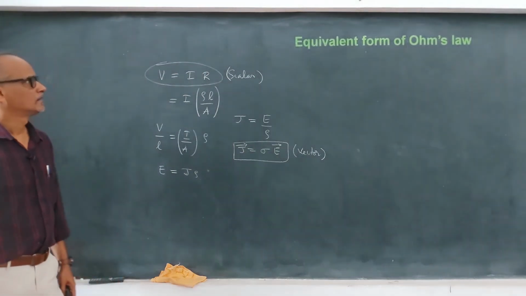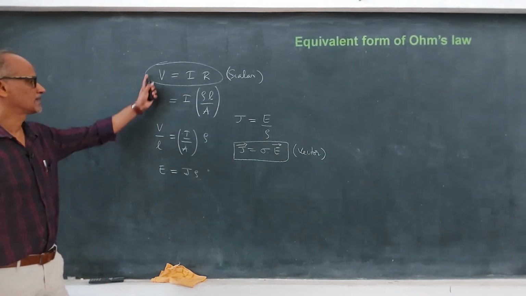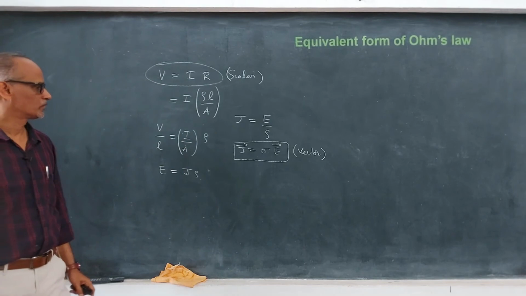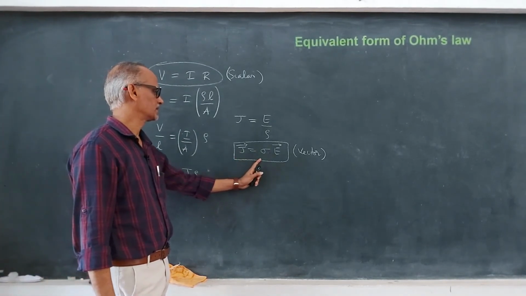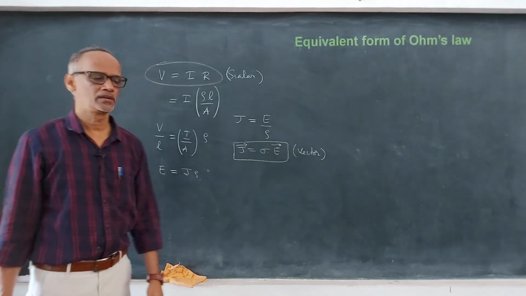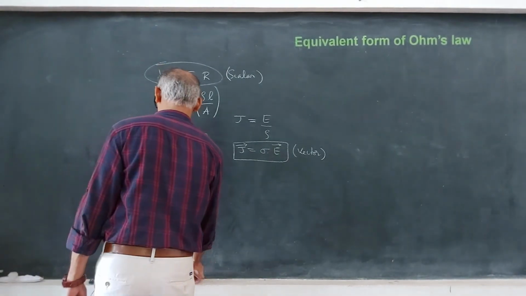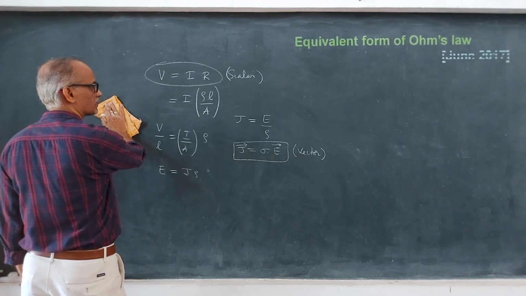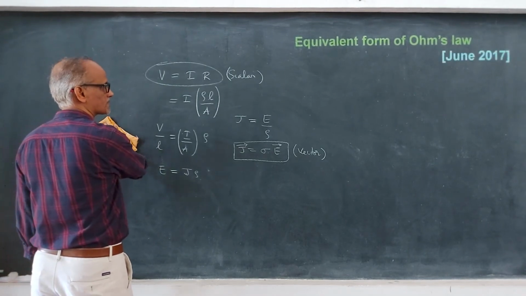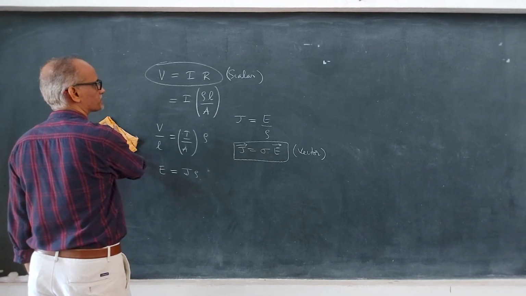It is an equivalent form. So current density is equal to electrical conductivity into electric field E. This is also again an important question, which appeared once in the examination.